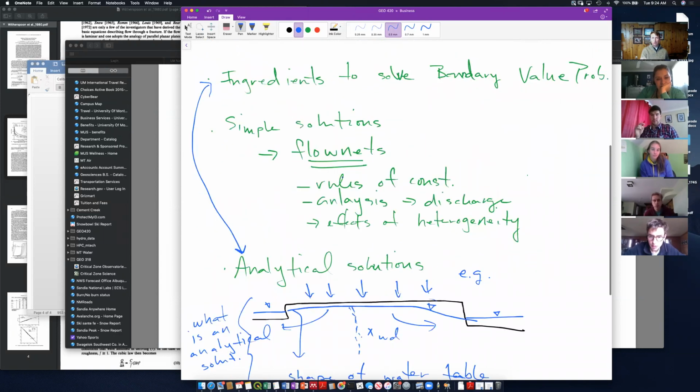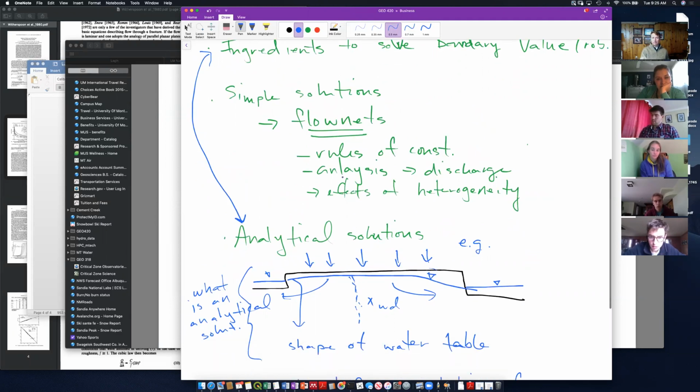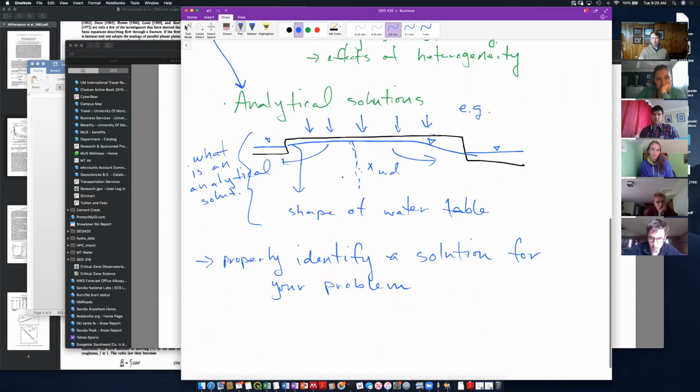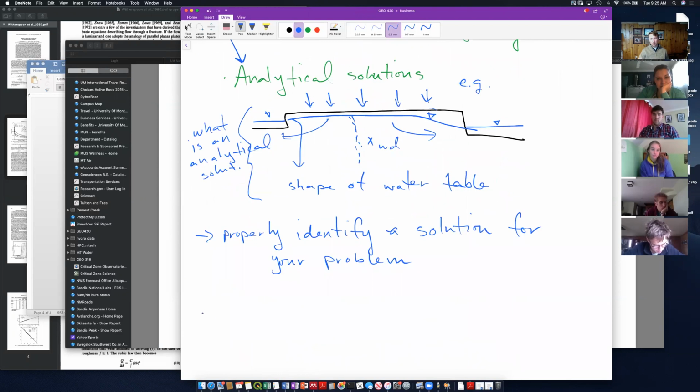Okay, so the other big thing that we hit hard since the last test was unsaturated flow.